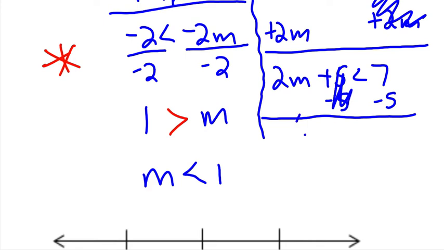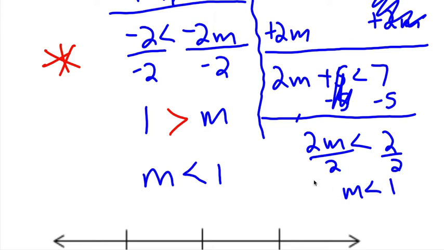So my left-hand side is 2m less than 7 minus 5, which is 2. So when I divide by 2, I get m is less than 1, which you can see we got the same answer here, right? Both of these are the same thing.